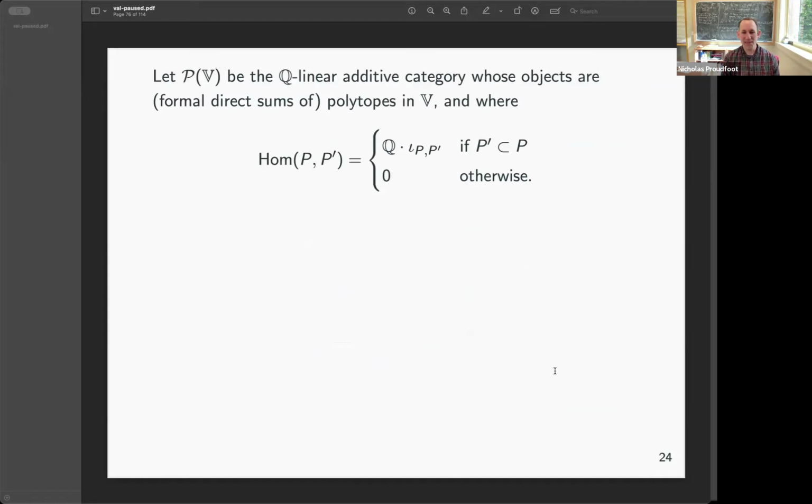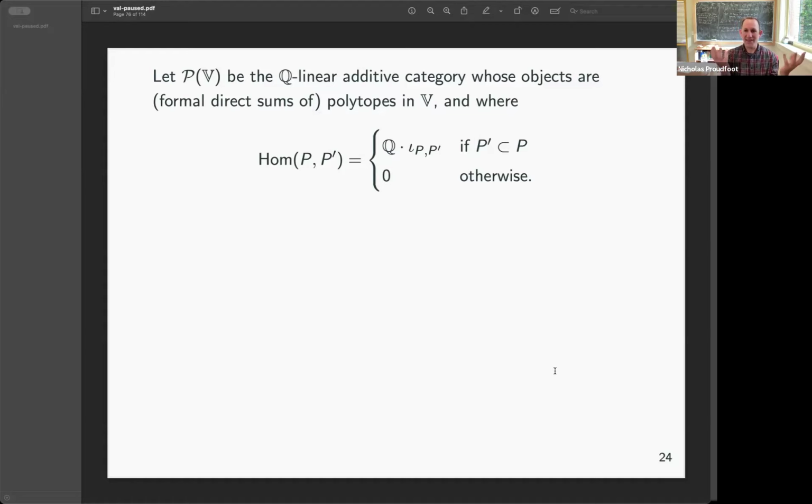So building on this perspective, I want to consider now a category where the objects are polytopes in V. Or really, I want it to be an additive category. So the objects are given by formally taking direct sums of polytopes in V. And what is a homomorphism from one polytope to another polytope?